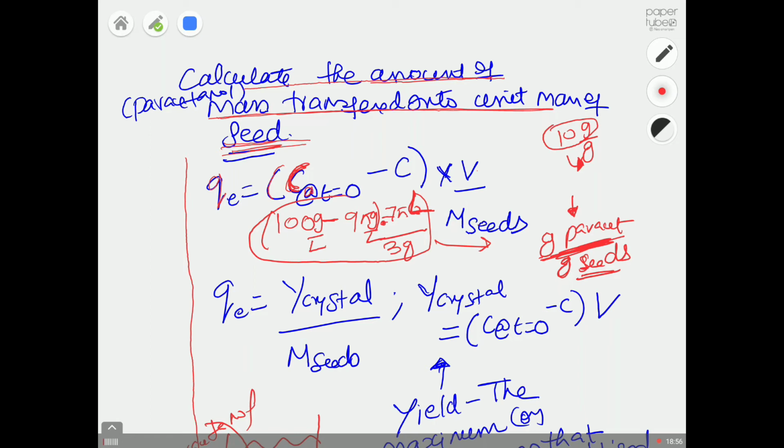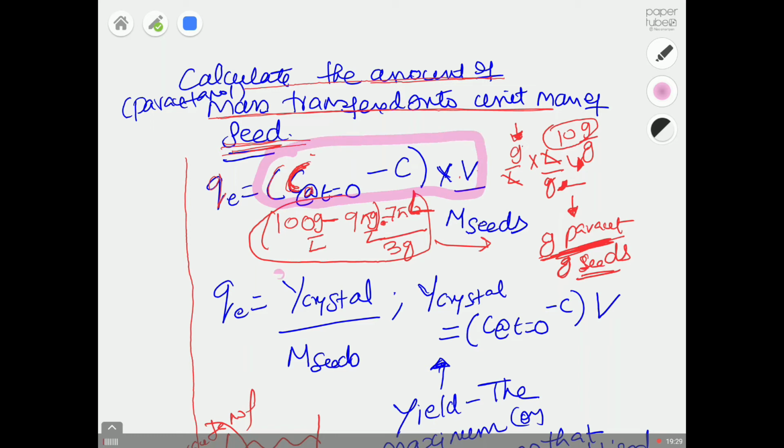So that's the meaning of this. And why this unit? You see this concentration is expressed in grams per liter, multiplied by volume expressed in liters, divided by mass of seeds expressed in grams. Liter gets cancelled. So this is gram of your paracetamol, this is gram of your seeds. And in chemical engineering, this value, let's change the highlighter, this is nothing but your yield.